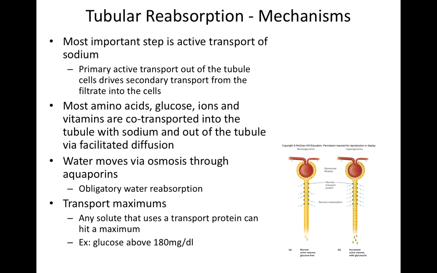So that definitely shows up in the urine. But that's why a blood glucose test is better than a urine test, particularly if you're in that early stage borderline area, because it's not always going to show up in the urine until you're above 180. Now, that is the transport max for glucose. Other solutes would have other concentrations.